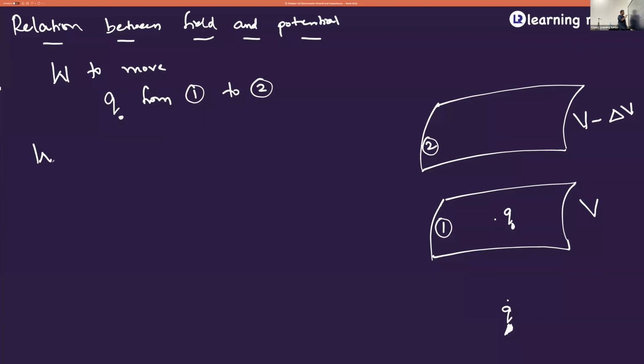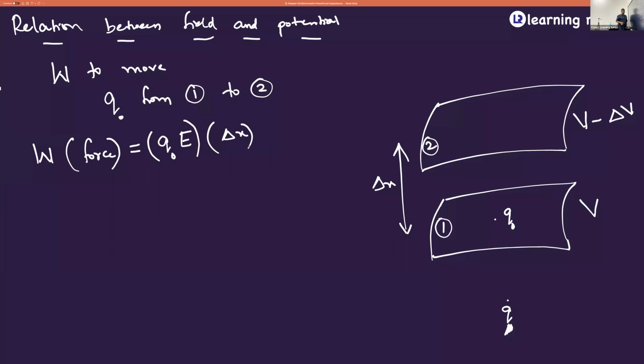I'll calculate the work done by force. The work done by force is going to be equal to Q naught multiplied with E, which is the force, multiplied with the distance between them, which is delta X. Force is in this direction because it's a positive charge.